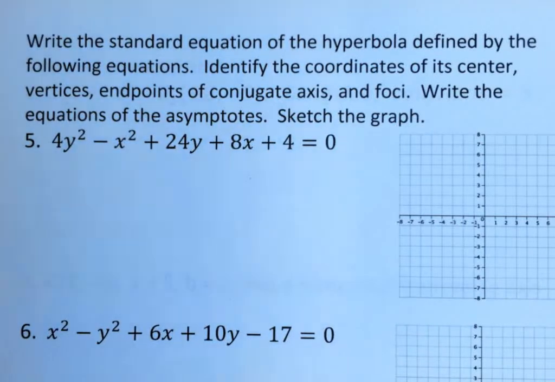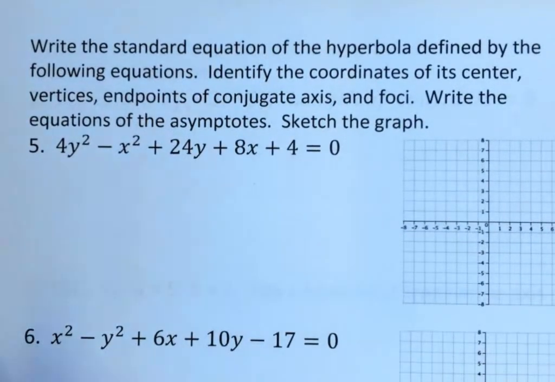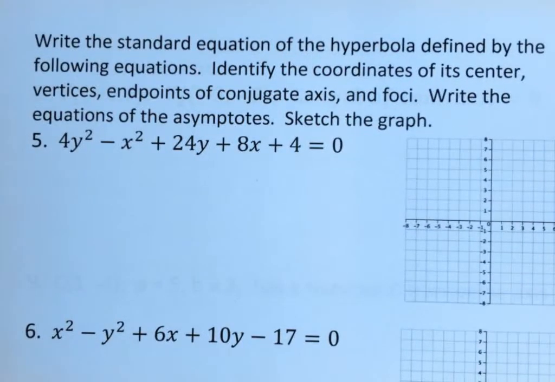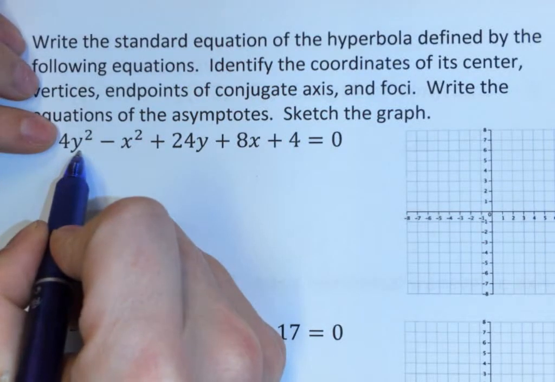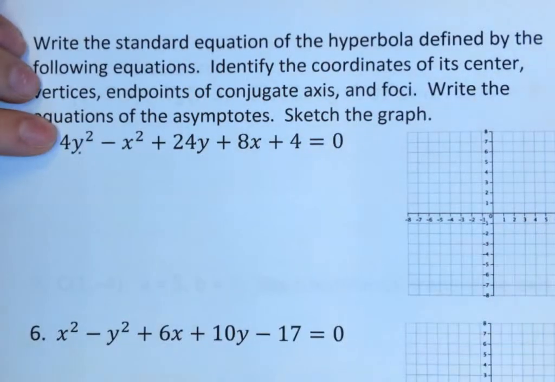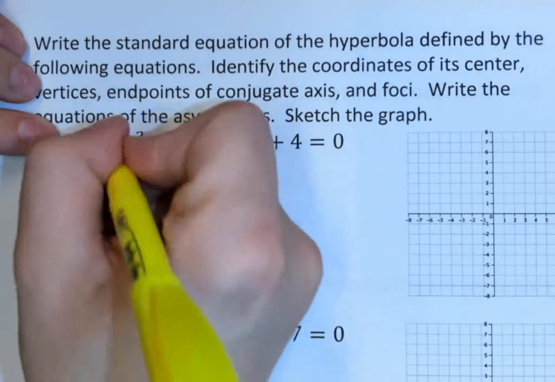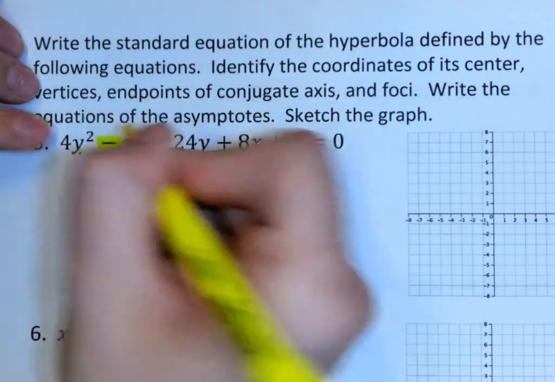All right, so take a look here. What is different about this than what we've seen before? The y is first, and what else? I see. The x squared is negative.